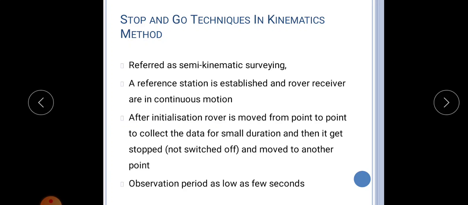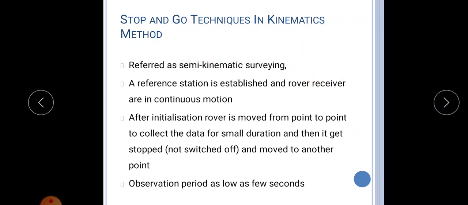Reference station means the location of this reference station will be known, and the rover station means its coordinates are unknown. Okay, and a reference station is established and the rover receiver is in continuous motion, so it is known as semi-kinematic. That is, one is stationary and the rover receiver is moving, so it is known as semi-kinematic survey.